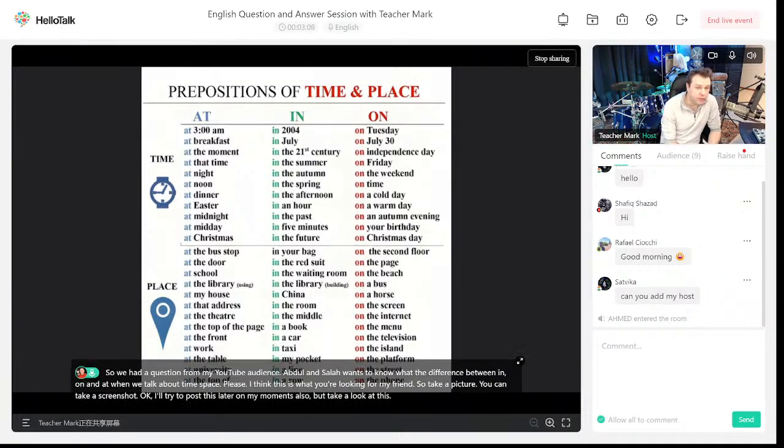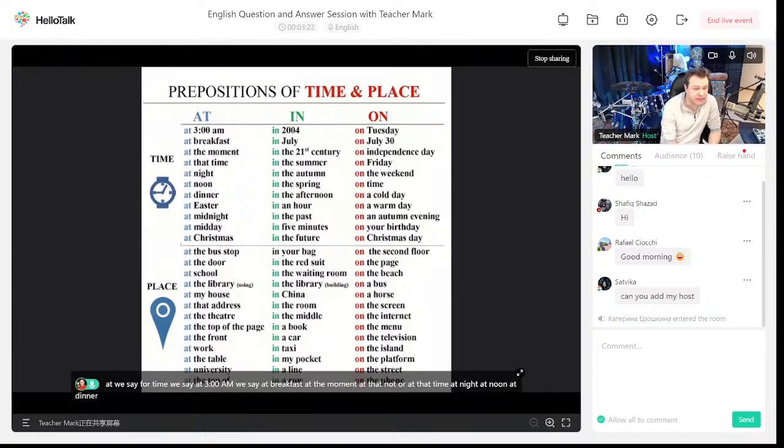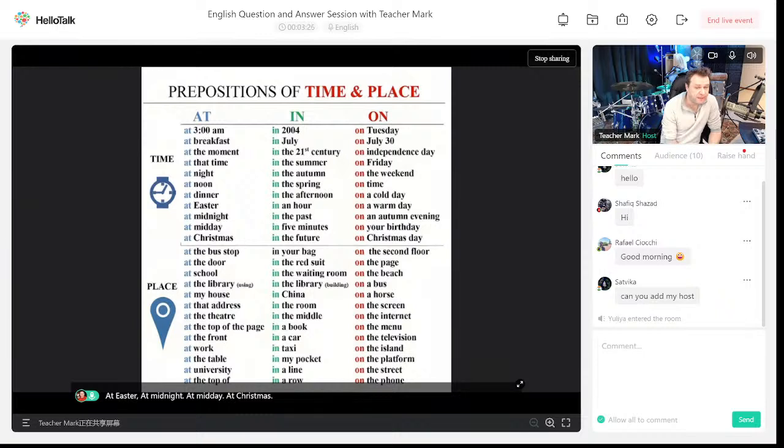For time, we say at 3 a.m. We say at breakfast, at the moment, at that night or at that time, at night, at noon, at dinner, at Easter, at midnight, at midday, at Christmas. But we use in... So there's a general rule, but it's not a total rule, right? Again, English is a language of exceptions.